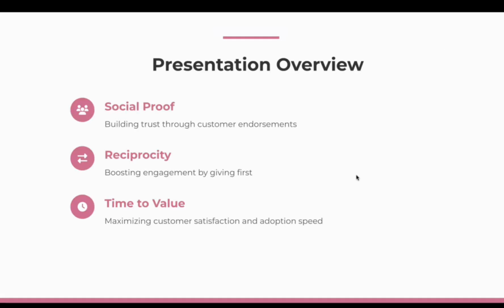This is just a presentation overview, kind of giving you an agenda about social proof, which is building trust through customer endorsement, reciprocity, which is boosting engagement by giving first, and then time to value, which is maximizing customer satisfaction and adoption speed.